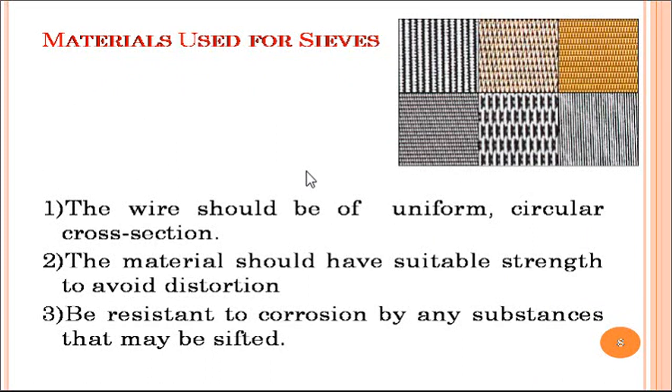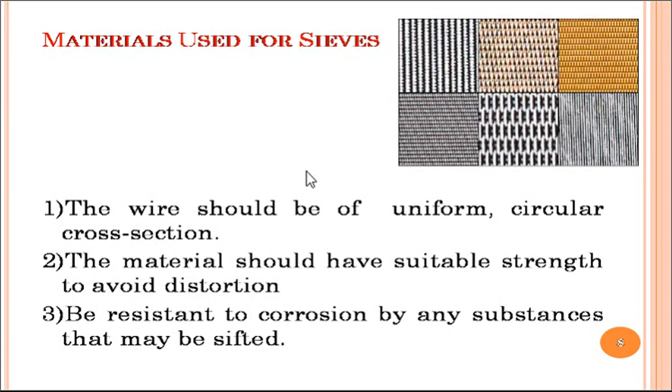Now we'll talk about the materials which are used for making the sieve. The material property should be ideal, like it should have a uniform, circular cross-sectional area. The wire should have enough strength that it will not deteriorate in a very short period of time, and should have sufficient strength to avoid that deterioration.